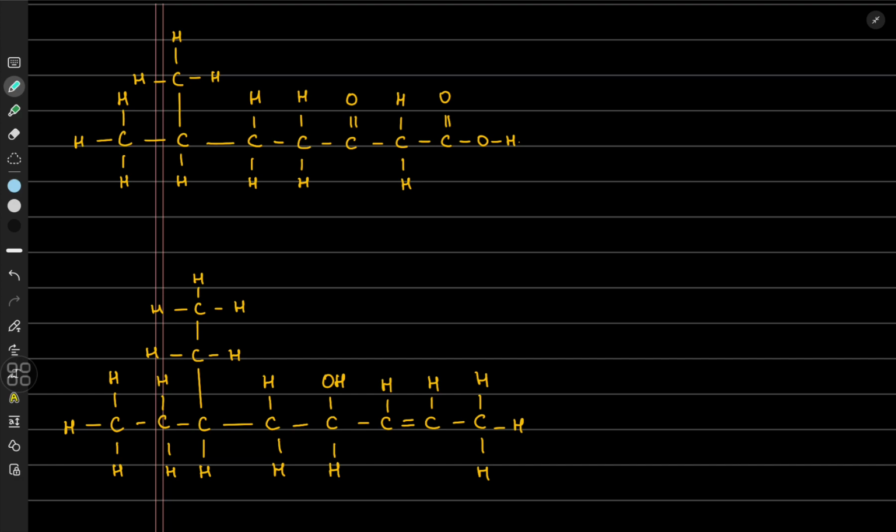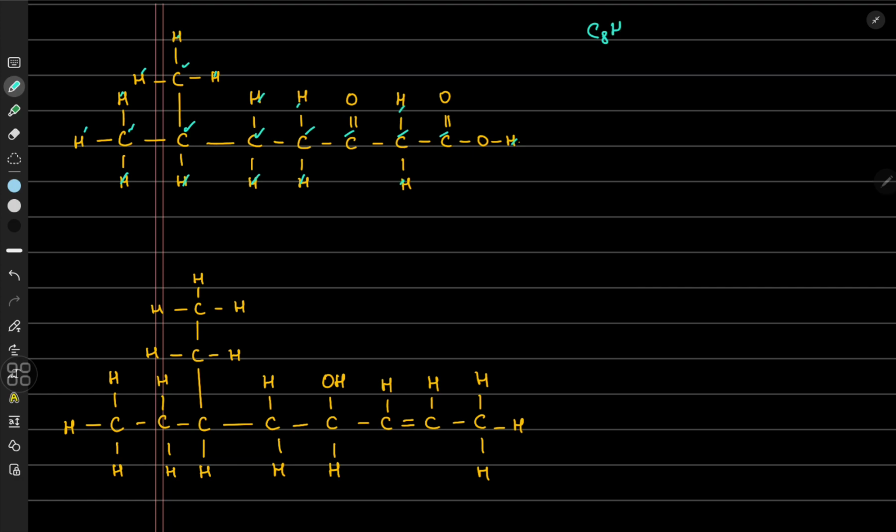So let's see how you can actually do these compounds. First of all, let's start with the most simple, the molecular formula. Let's count the number of carbons. 1, 2, 3, 4, 5, 6, 7, 8. So C8. Let's count the number of hydrogens. 1, 2, 3, 4, 5, 6, 7, 8, 9, 10, 11, 12, 13, 14.